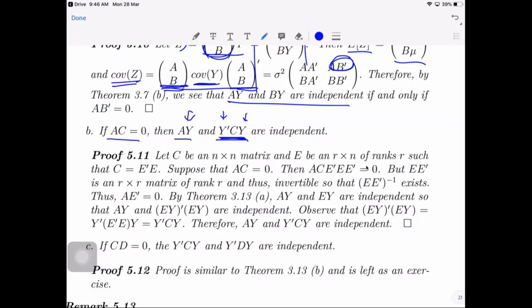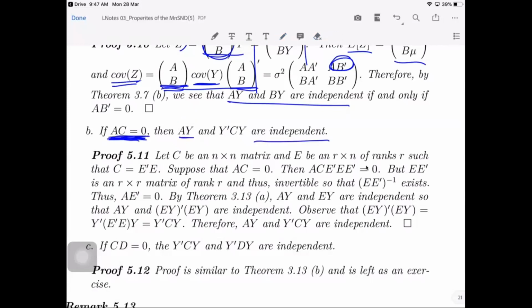If you can show that AC is 0, then we can say that these two estimators of this form, AY and Y prime CY, are independent.